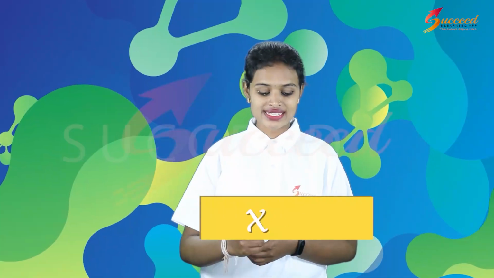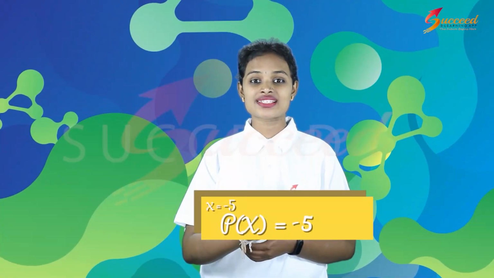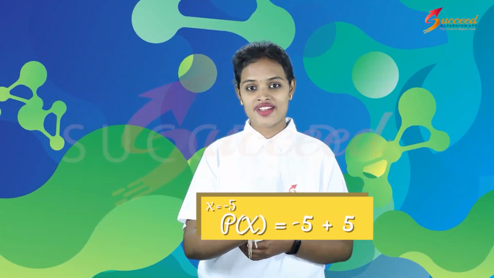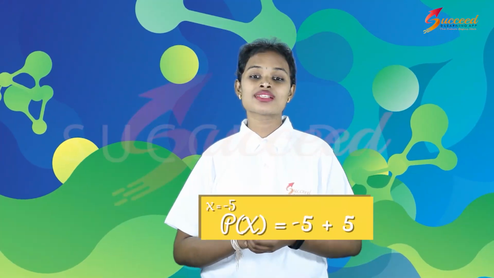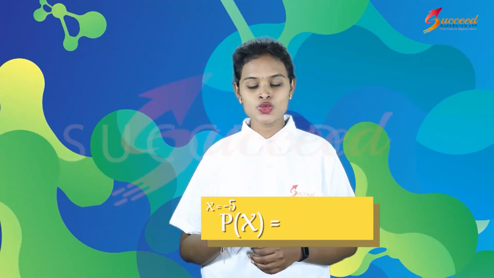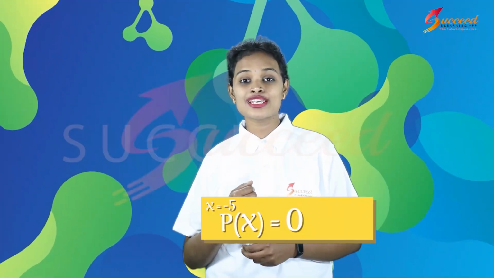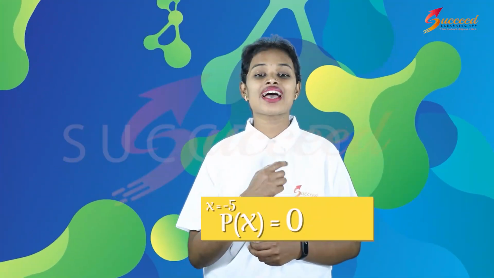If x equals minus 5, we get p of x equals minus 5 plus 5, which is equal to 0. So, minus 5 in place of x gives us p of x equals 0 in this example. Hence, minus 5 is called the zero of the polynomial of this expression.